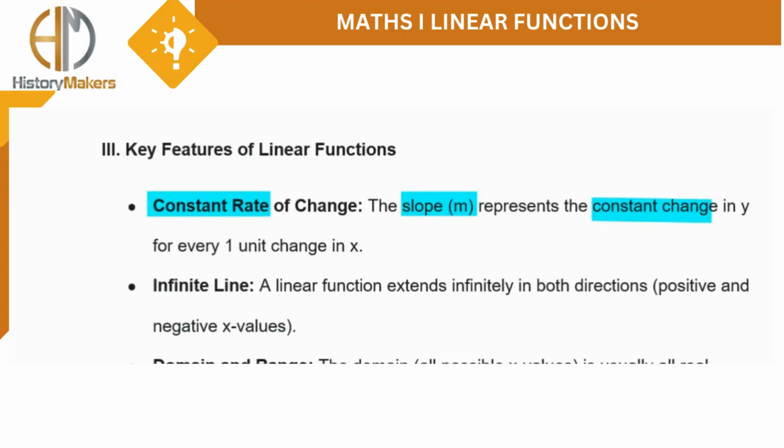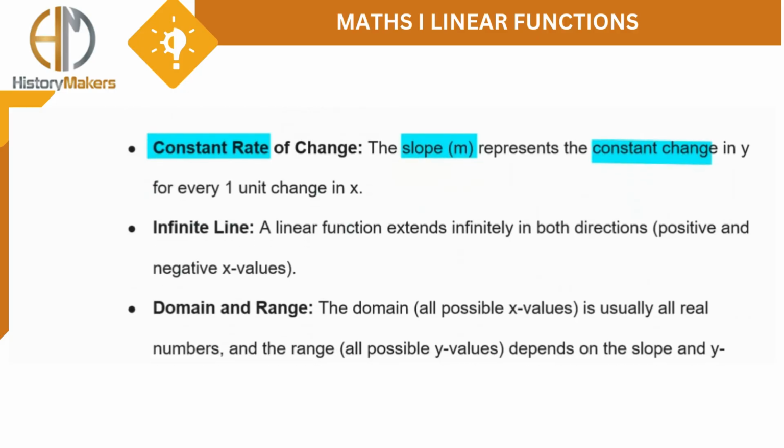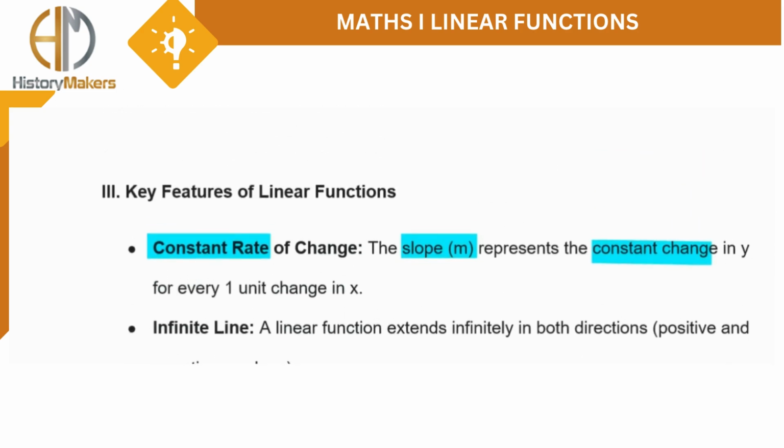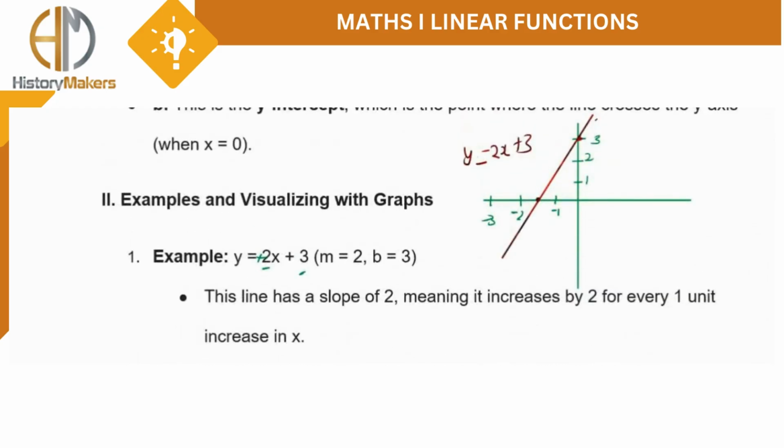We have an infinite line. What does it mean? The line keeps on continuing. It doesn't stop. Of course, when we draw it, it's just going to be like this. But in reality, this line goes up and goes down.